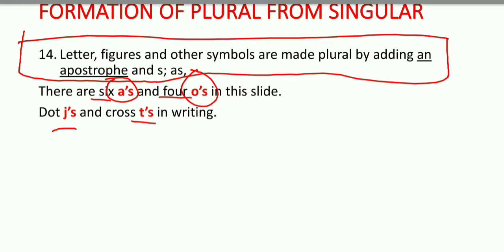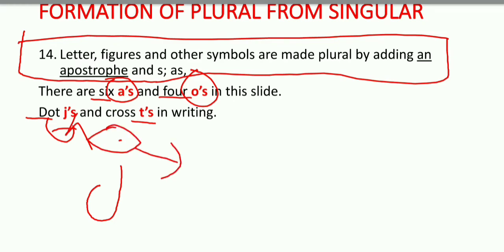What is dot J's and cross T's in writing? When we write J, at the top of J we put a dot. This dot in English is called a tittle.